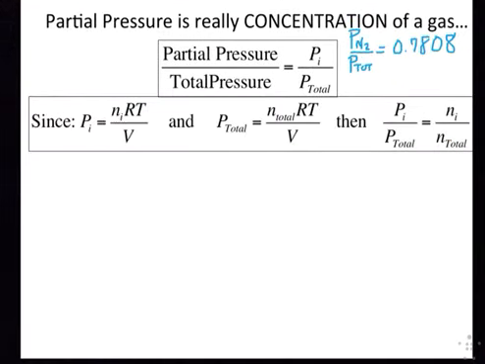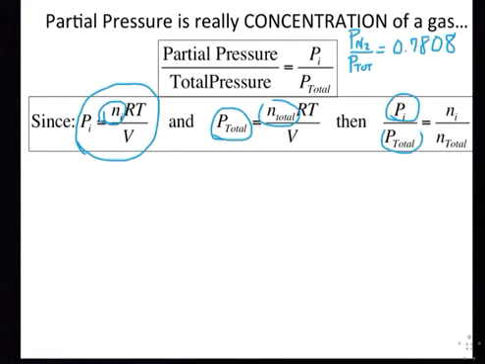But since we also know that the partial pressure is just the number of moles times RT over V, and the total pressure is the total number of moles times RT over V, then if we take P i over P total, the RTs over Vs are going to cancel out. We're going to get that the partial pressure over the total pressure is just the number of moles of species i over the total number of moles.